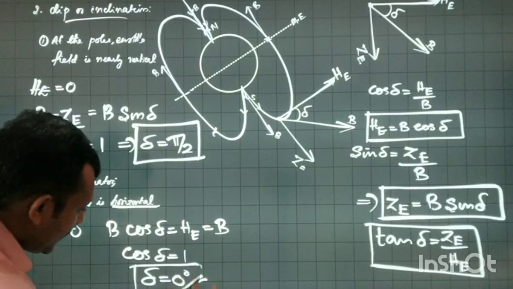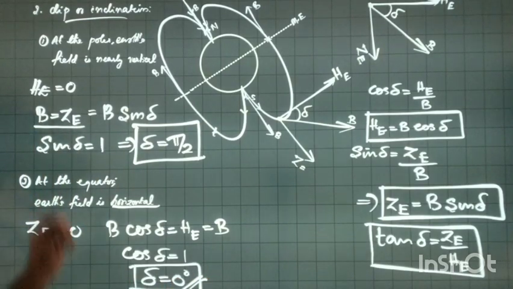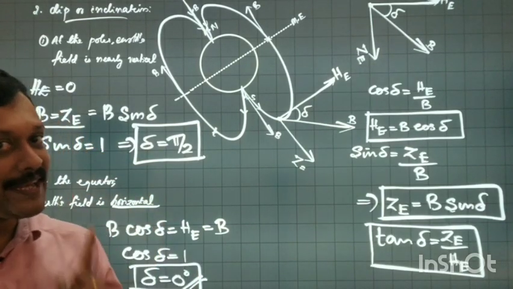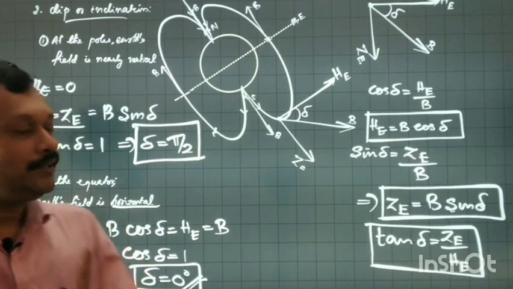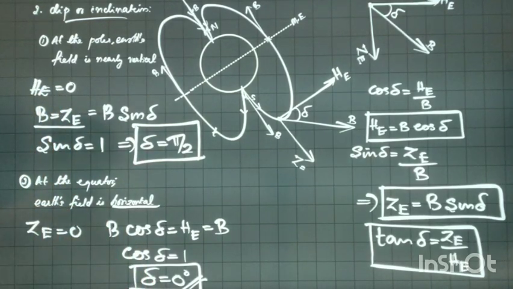So these two are very, very important points. Let me tell you, the value of dip at the equator is 0, the value of dip at the poles is pi by 2.